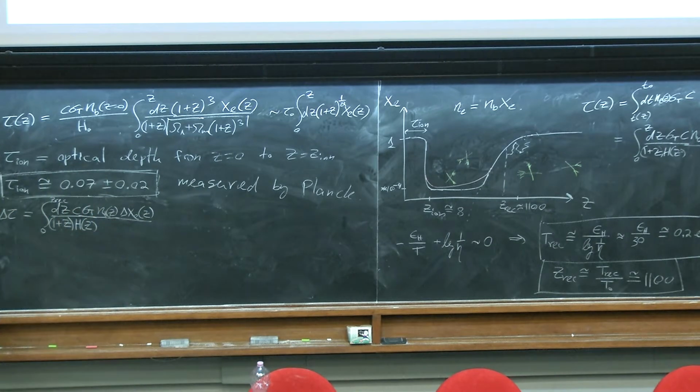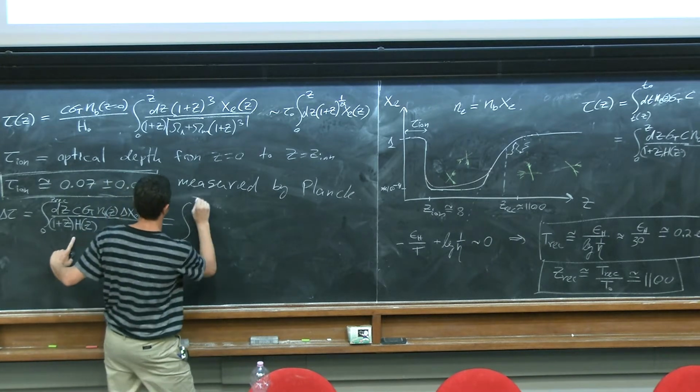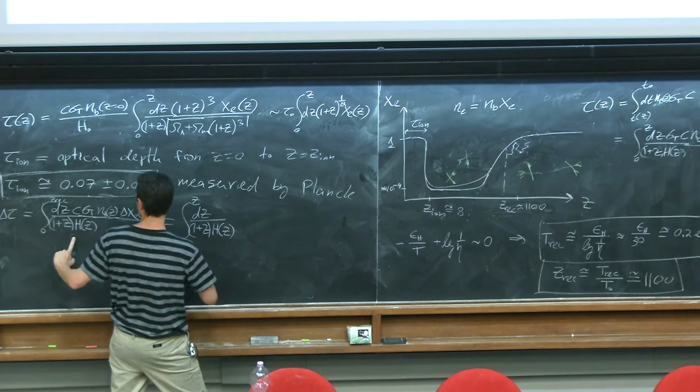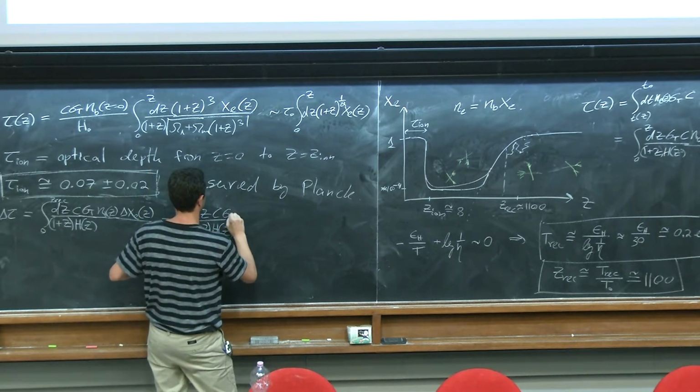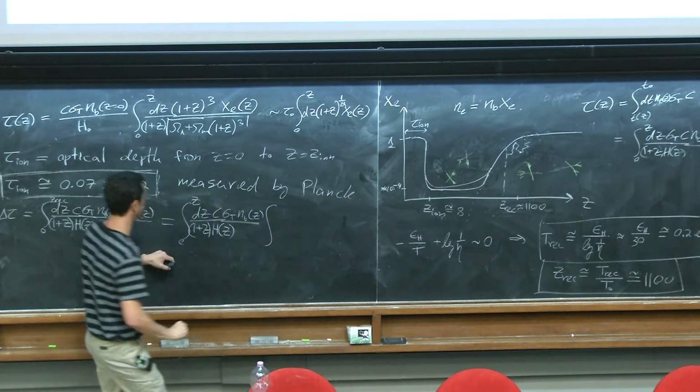And I can get my delta Xe simply by integrating this equation. Okay, so let's just do this integral. So write this again. And here I have another integral.